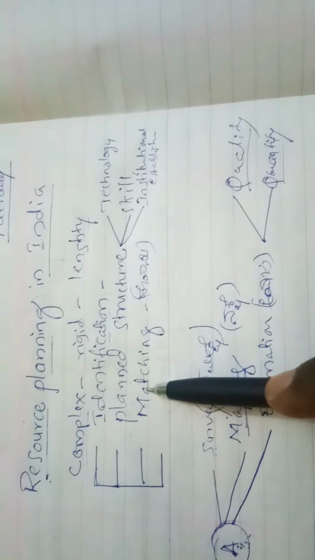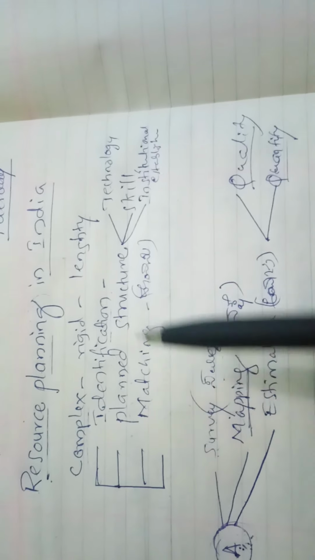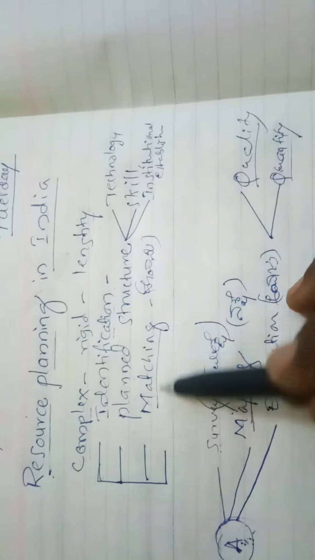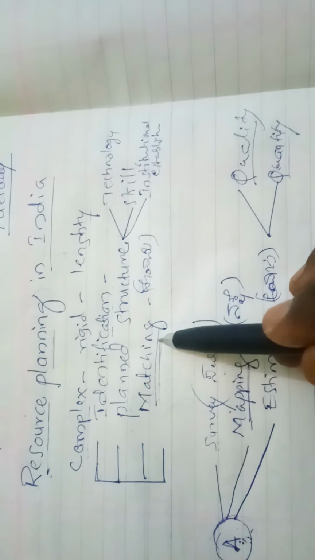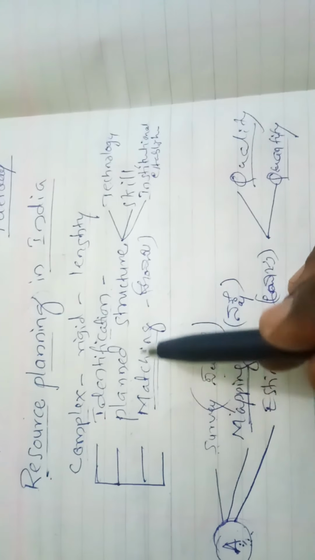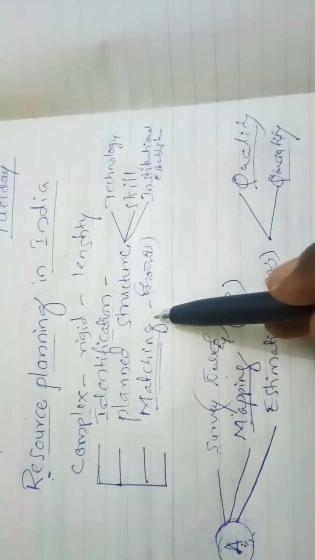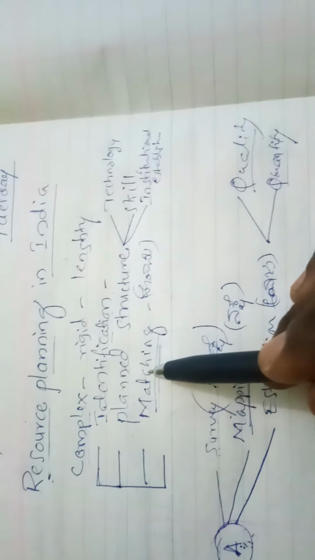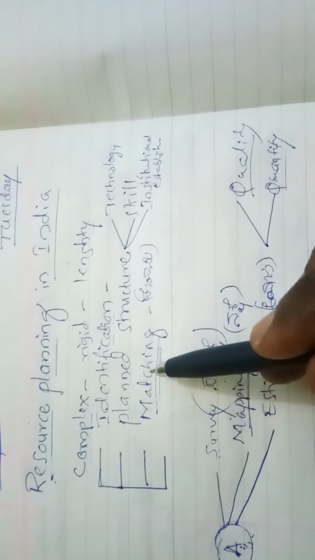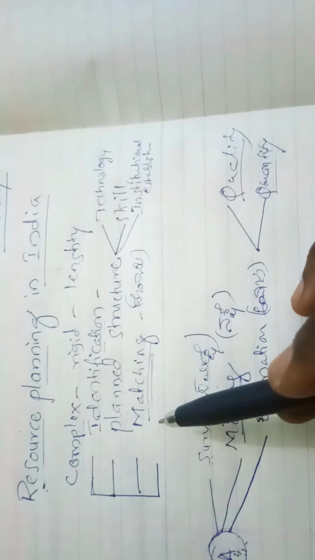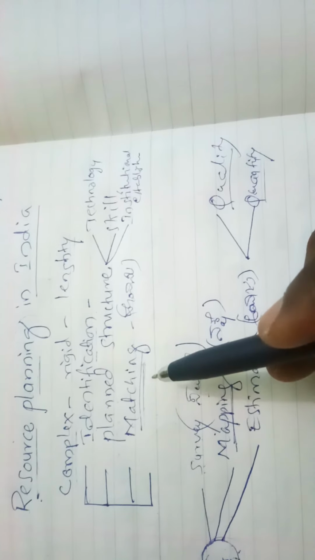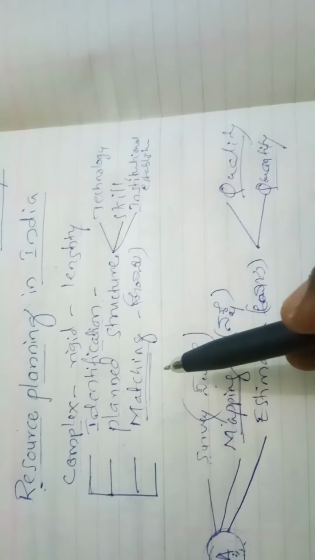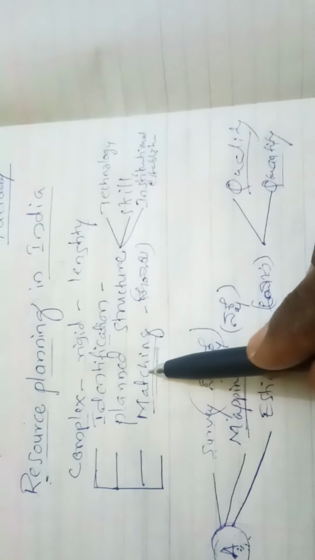Then finally, importance is given to utilization, how it is going to play an important role in terms of resource development as well as economic development in all the other stages. That is matching.